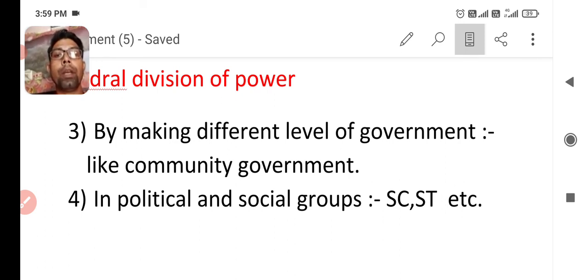And the next major method of power sharing is among political and social or pressure groups. Sharing the power in political groups or social groups. You know that in political groups there are political parties. In India there are different political parties such as BJP, JJP, INLD. Sharing power among the parties is another method.